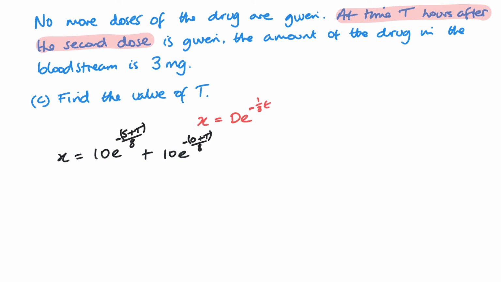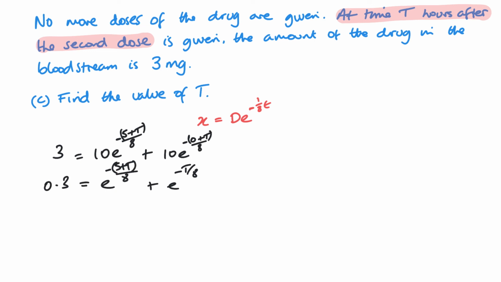Now from here we know that x is 3. Next I would divide by 10, and that will give me e to the minus (5 plus t) over 8 plus e to the minus t over 8. Next I need to split this up.